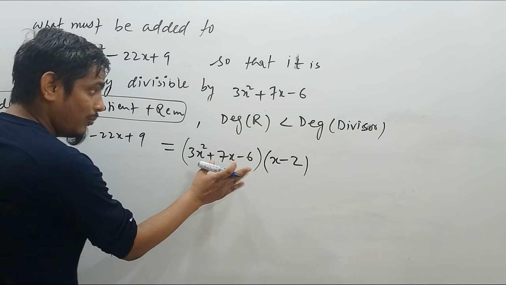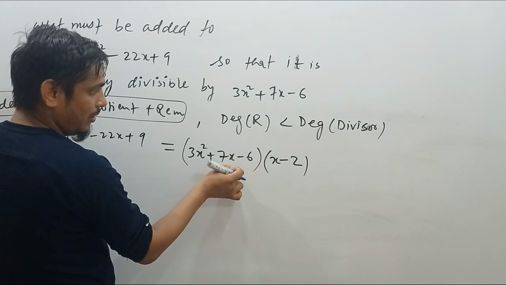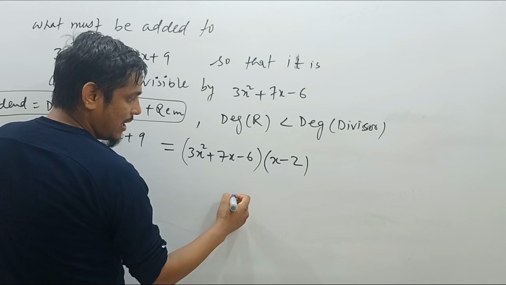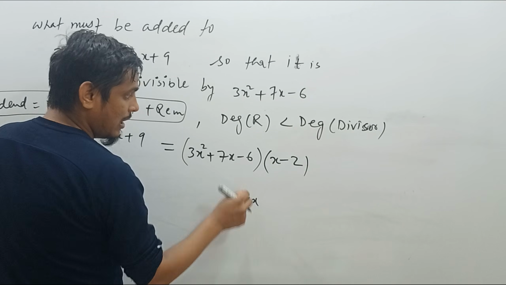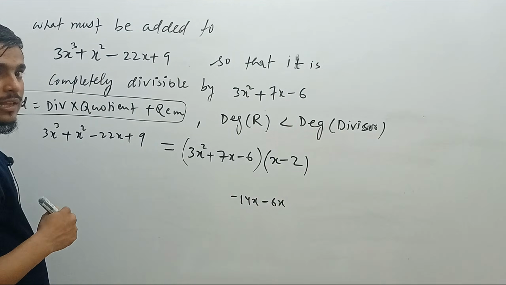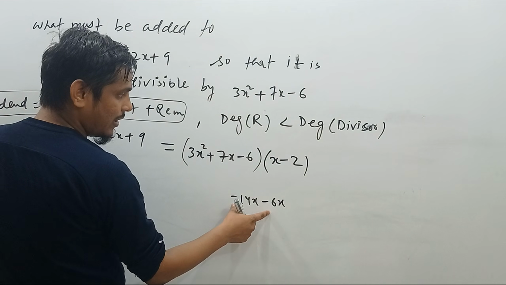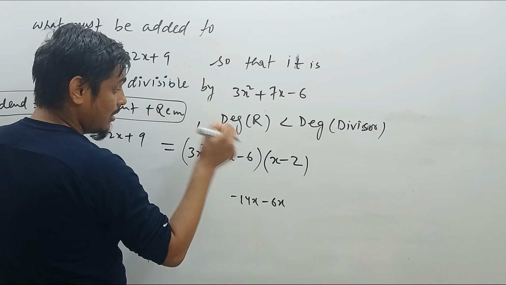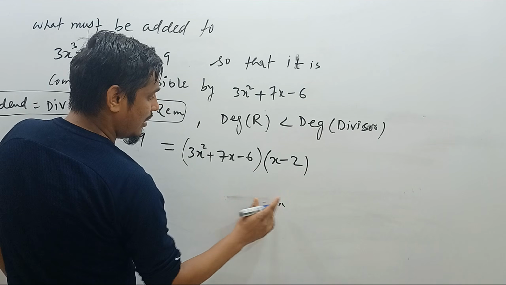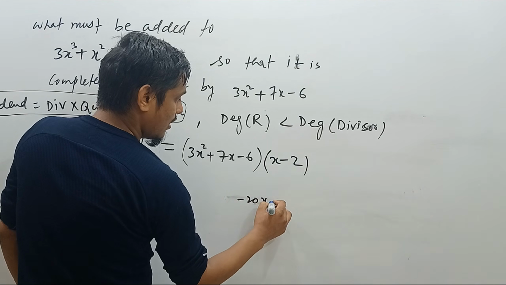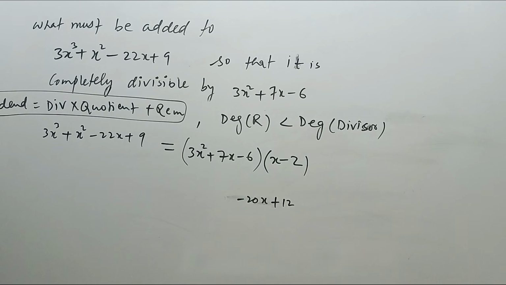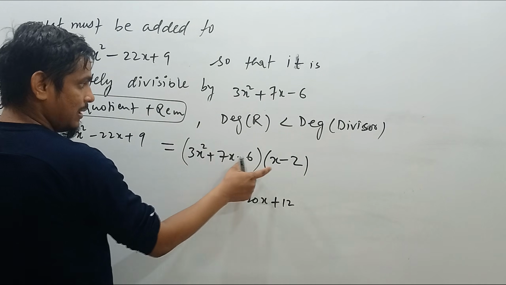So we have more terms hidden here: 7x into −2 is −14x, and −6 into x is −6x, so we have −20x. And −6 into −2 is plus 12. So we have −20x plus 12.